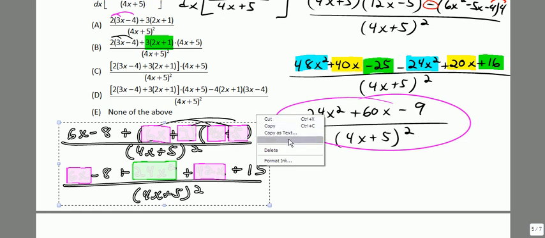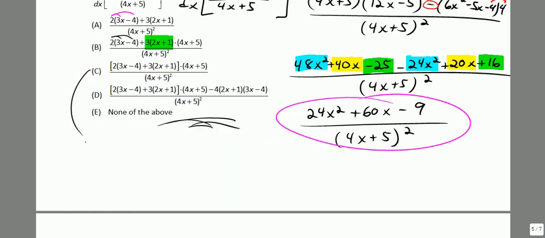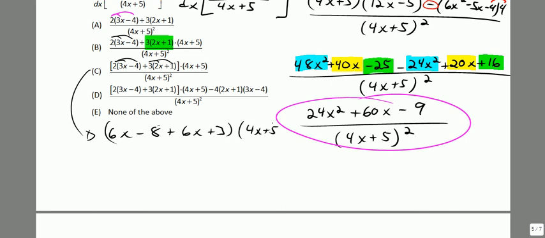Okay, so let's check C. I distribute in, so that would be 6x minus 8 plus 6x plus 3. That'll get multiplied by 4x plus 5, all over 4x plus 5 squared.